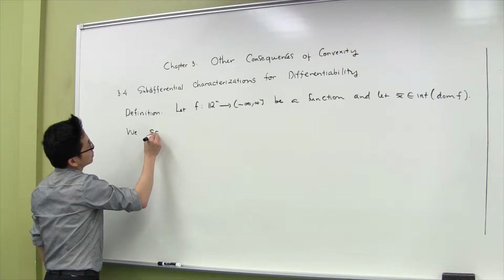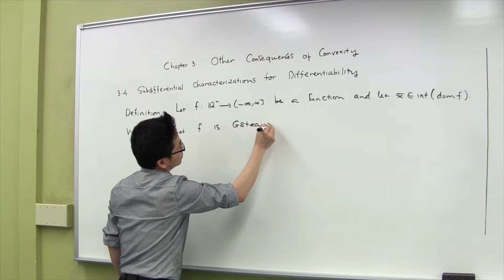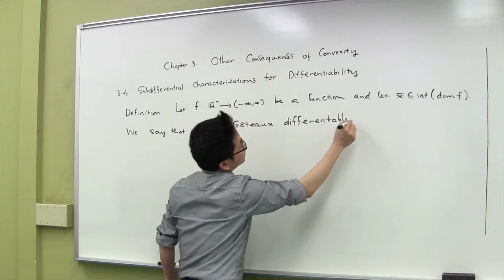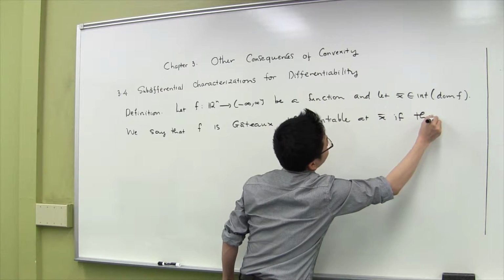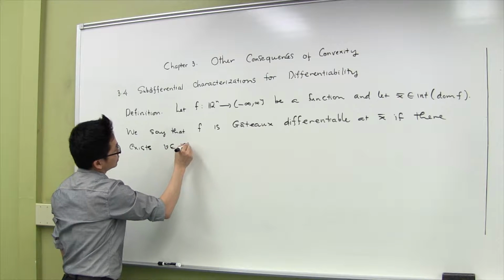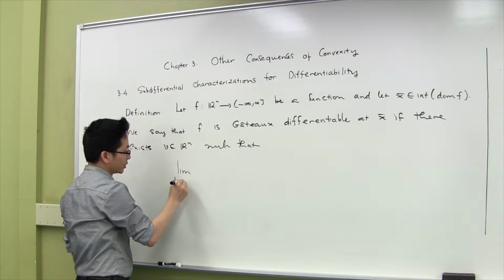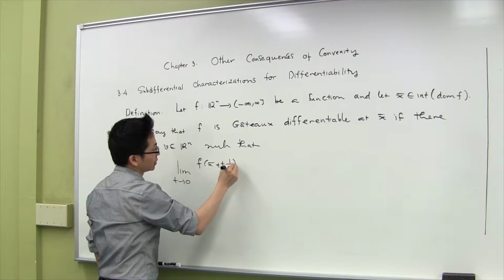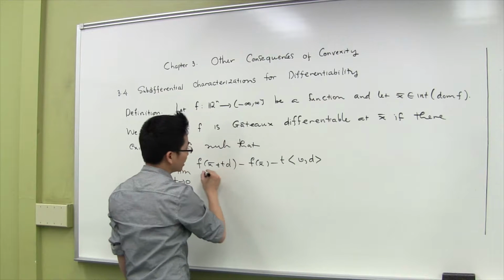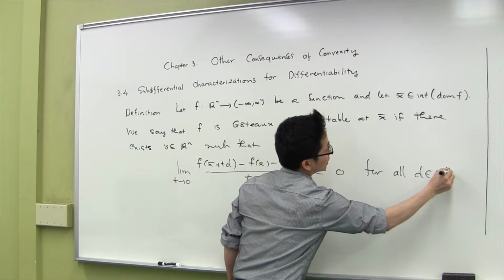We say that f is Gateaux differentiable at x bar if there exists an element v in Rn such that the limit as t approaches 0 of f of x bar plus t times d minus f of x bar minus t times the inner product of v and d, over t, is equal to 0 for all d in Rn.